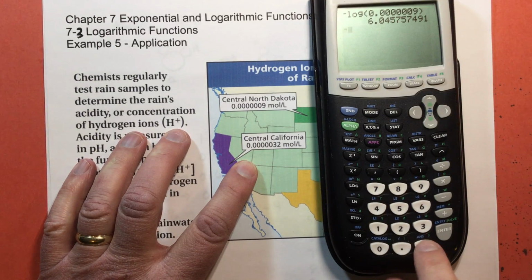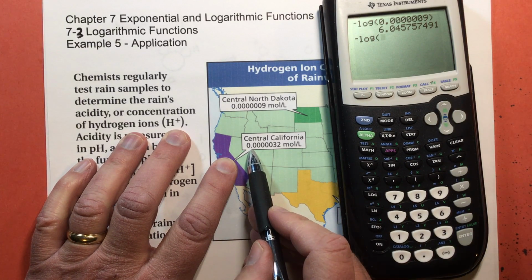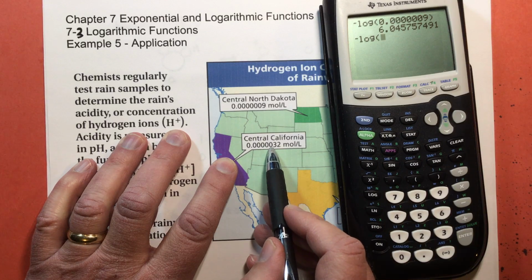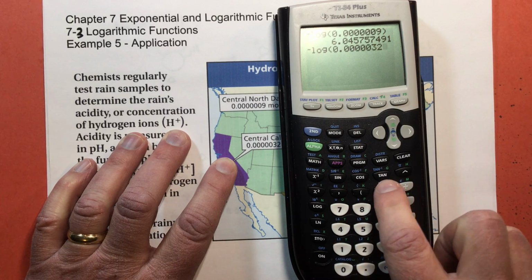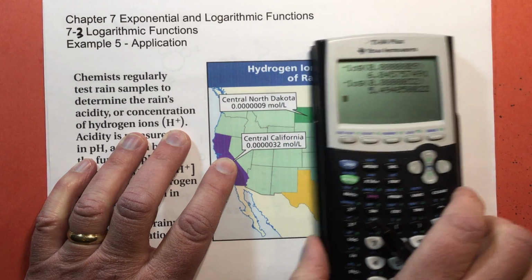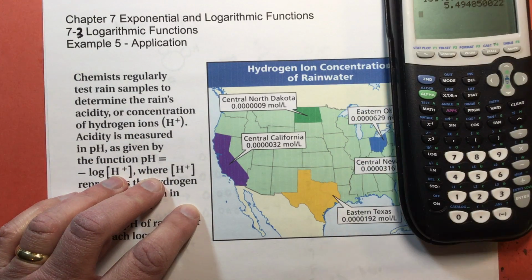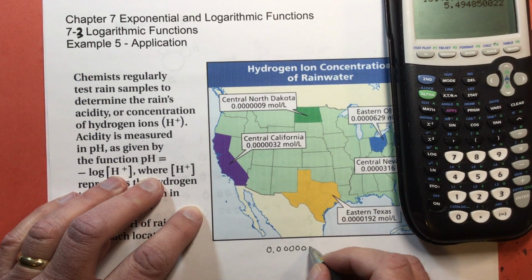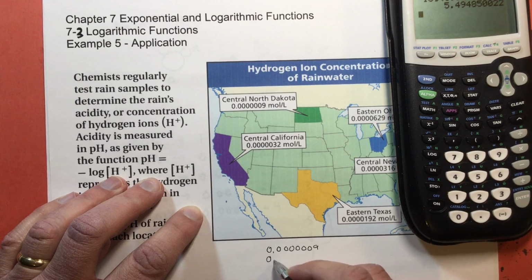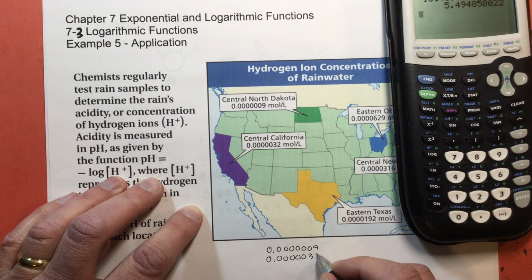So again, I hit negative log, and this time I've got 0 point, here's the decimal point, 1, 2, 3, 4, 5 zeros, and then 3, 2. Now, if I compare those two numbers, I'll write them side by side: 0.0000009 and 0.0000032.